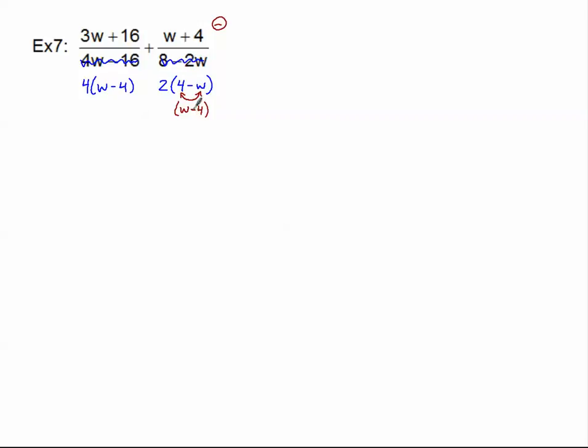And that's what I'm going to do because then they will be identical factors. So I can flip around a minus sign as long as I remember that there's a negative that has to be multiplied to this fraction. And then I'll scratch that one out.